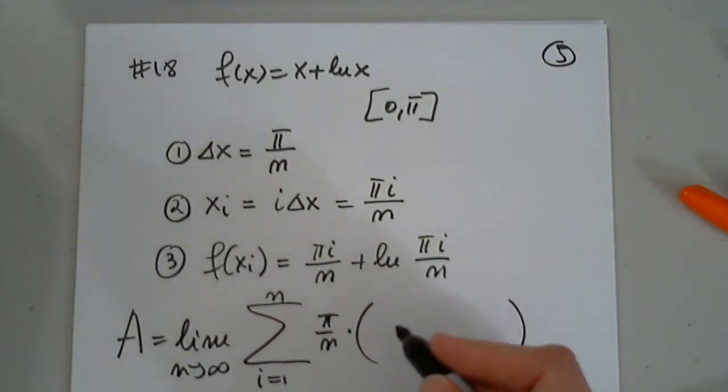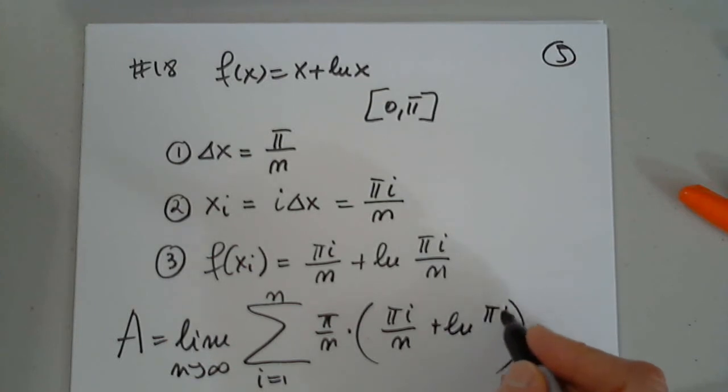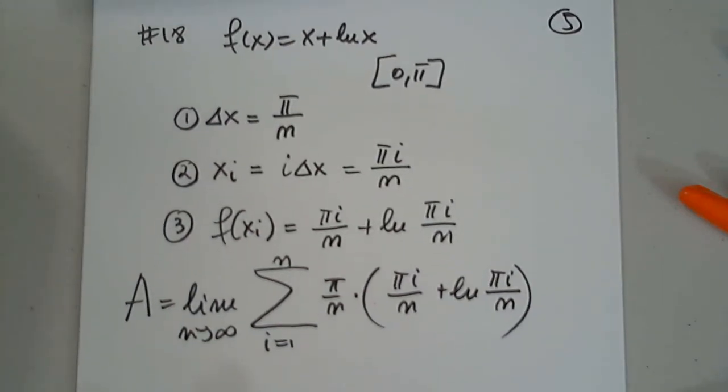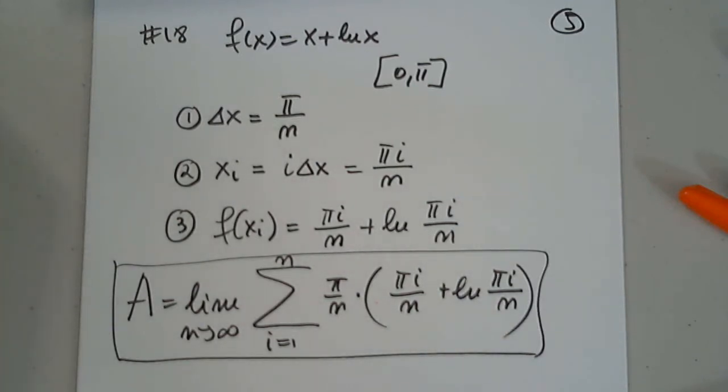Base times height. So pi i over n plus natural log pi i over n. We cannot determine any of this. That's all they wanted us, to come up with an area. With an expression for the area, I should say, not with the area.